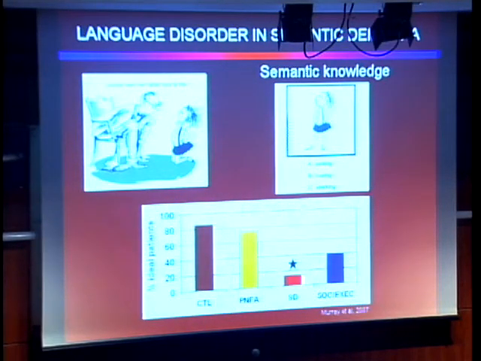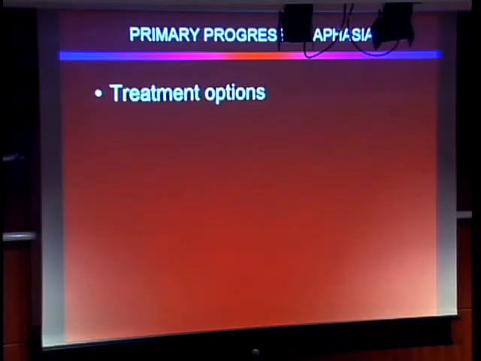And we find that folks with semantic dementia have profound difficulty understanding the meaning of this word, lower. Folks with progressive non-fluent aphasia, despite their language problems, really do quite well in terms of their comprehension. And again, folks with a social disorder are better than chance as well.